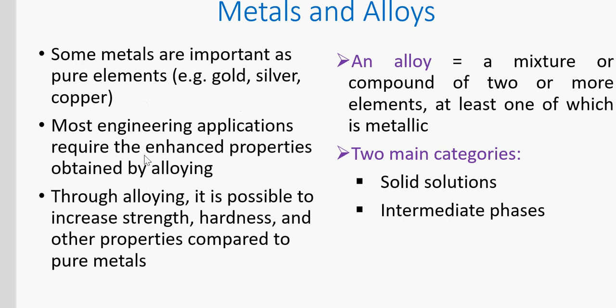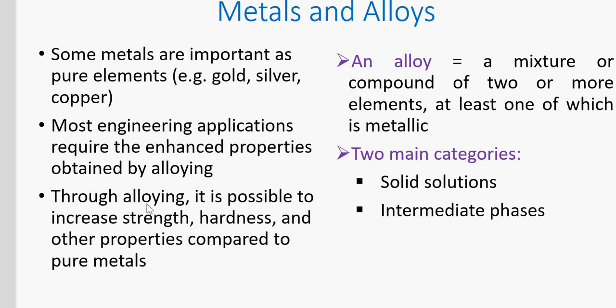But in most engineering applications, like structural applications, we don't need pure metals. We need alloying. Just like I said earlier, pure iron is ductile, but it may not be very important in engineering applications because the strength is not appreciable.